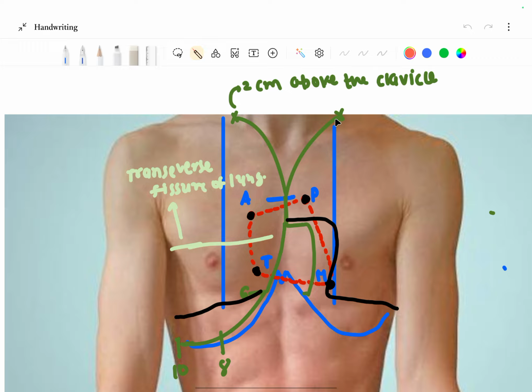But what will happen in the left lung? This is your sternal angle. From the sternal angle, this will be your fourth costal cartilage.